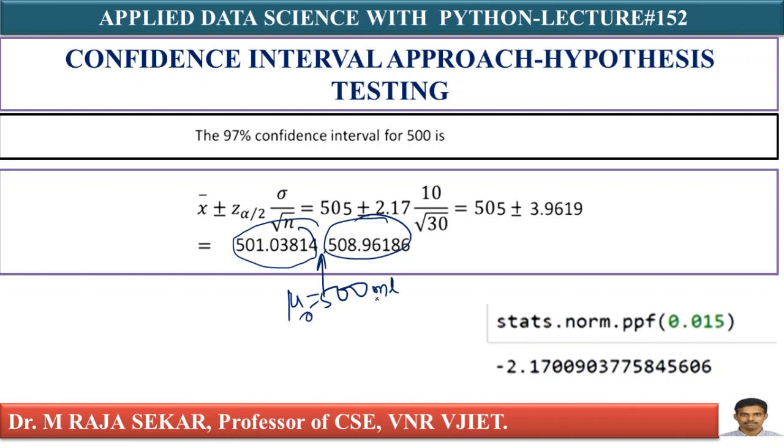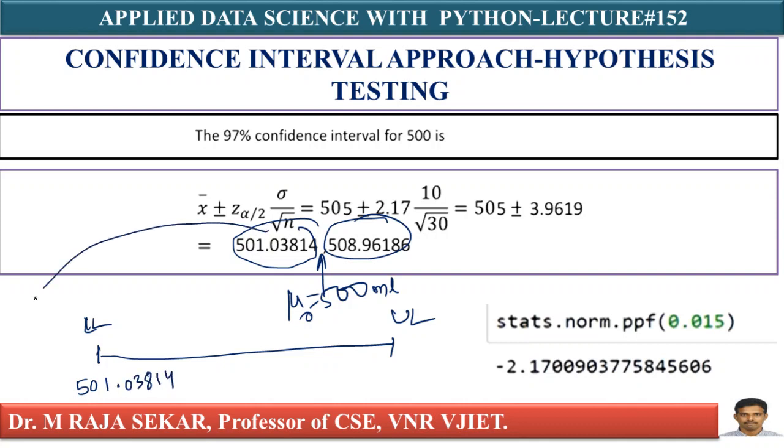Is it in this interval? What is my lower limit? Let me say this is the lower limit, this is the upper limit. The lower limit is 501.03814. What is my upper limit? 508.96186.